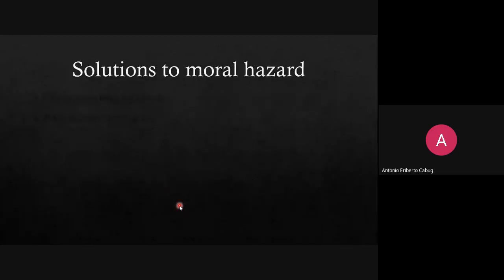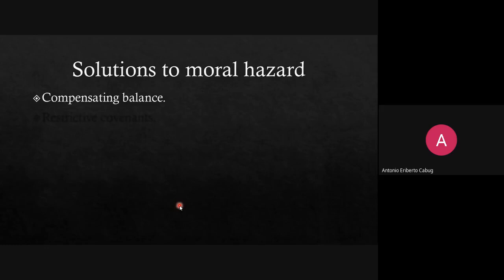The solutions to moral hazard should have something to do with assigning terms in the contract. Example, if the lenders are banks, they require a compensating balance. A compensating balance is kept open in a bank account so that when you fail to pay, at least they have a portion of the amount.